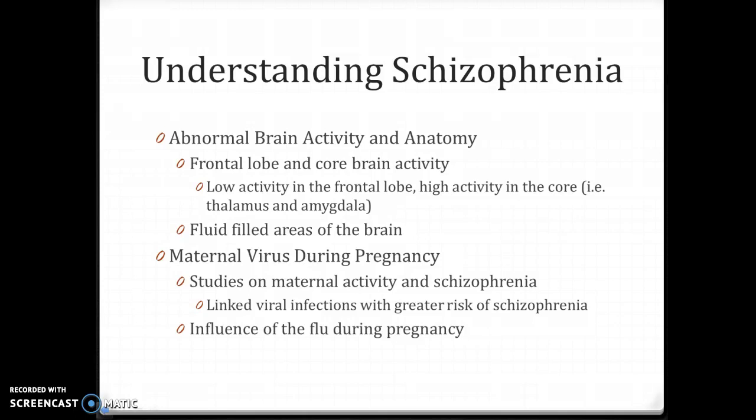And interestingly, there's also a link between maternal virus during pregnancy. So women who experience illness during pregnancy, a virus, are at a higher risk of having a child who has schizophrenia later in life. Things even like influenza, having the flu during pregnancy, can show a greater risk of schizophrenia.